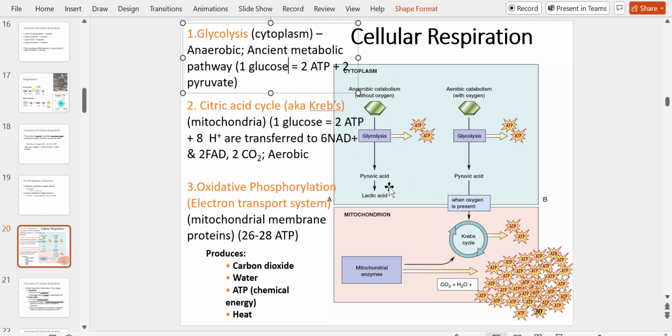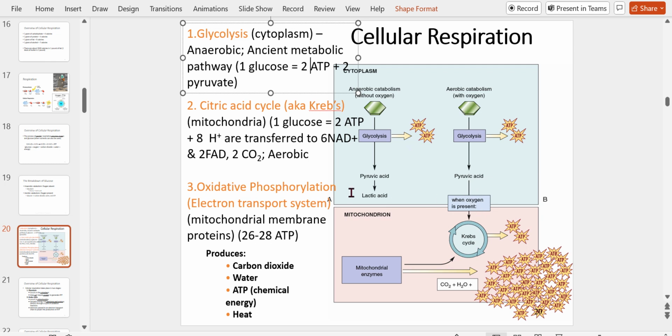It's a very ancient metabolic pathway. You know, it's not good for producing ATP, but it's good for some organisms because this is all they have. And you'll see here 1 glucose molecule produces 2 ATP plus 2 pyruvate molecules, and we'll show you those there.